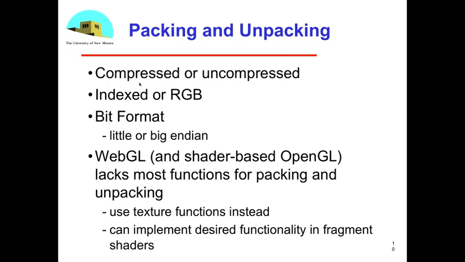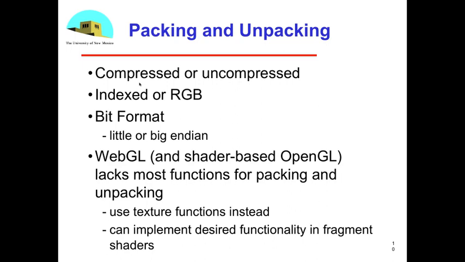In a typical setting where the indices are 8 bits, you can only have 256 different colors at one time. So that was important when memory was more expensive and slower. It's less important now as a storage technique, but it's still important as a processing technique for displaying images.